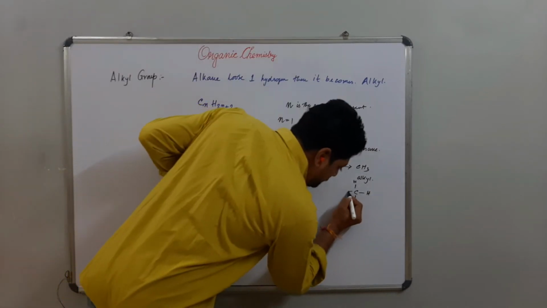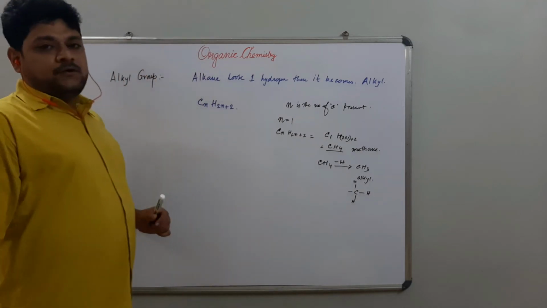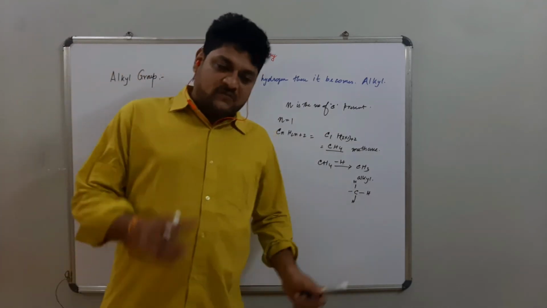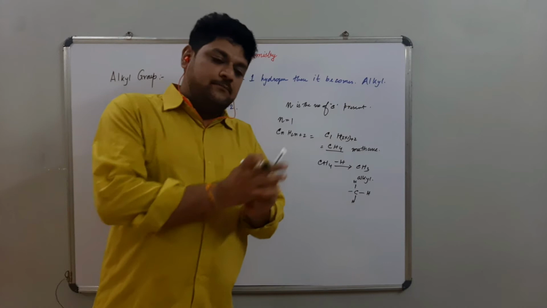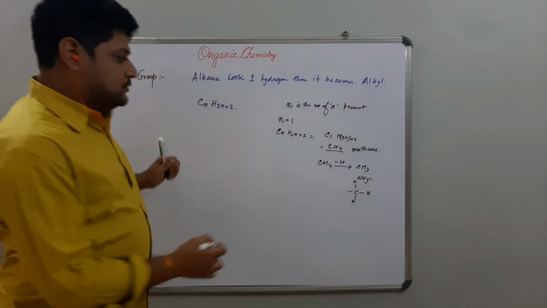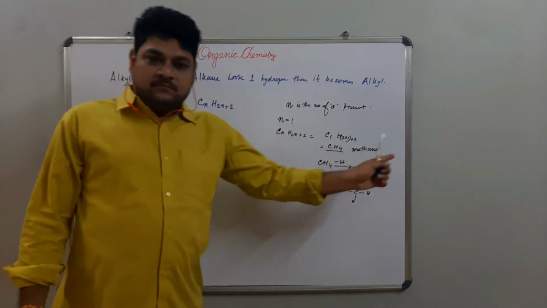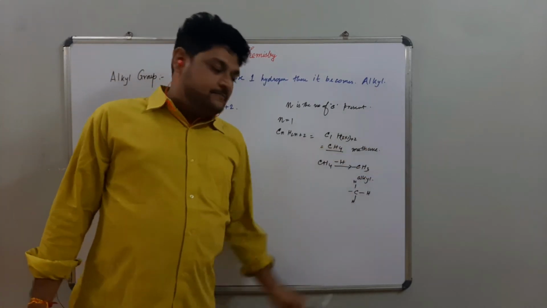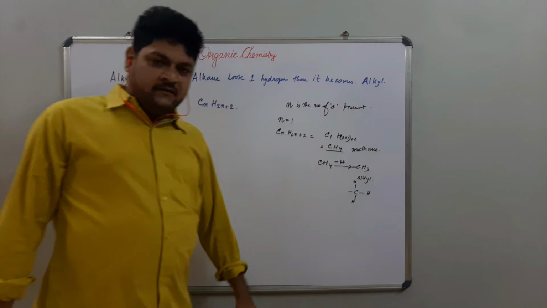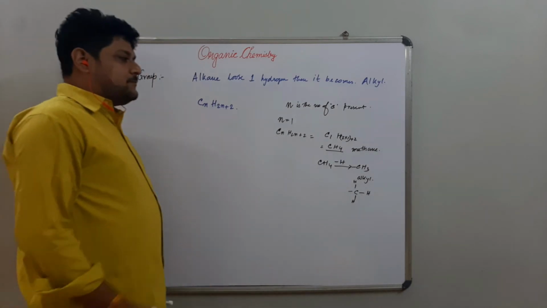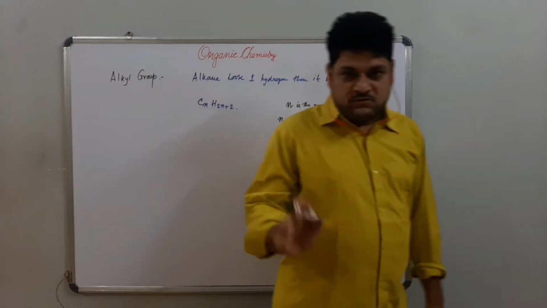So we need one more bond. This is a vacant bond, where we can attach any other group. So the exact structure of the alkyl is one vacant bond and then CH3. So alkane becomes alkyl if it loses one hydrogen.